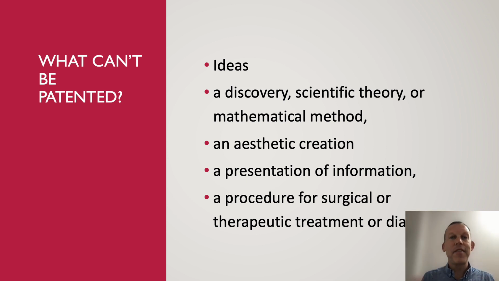Likewise, a discovery or a scientific theory. You can't patent the discovery of an element, for example. Just because you find a new type of mineral in the earth does not mean that you're the only person that can use it. You cannot patent an aesthetic creation.